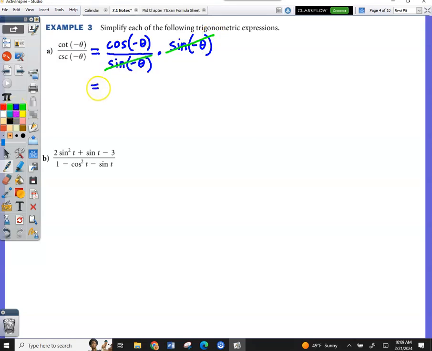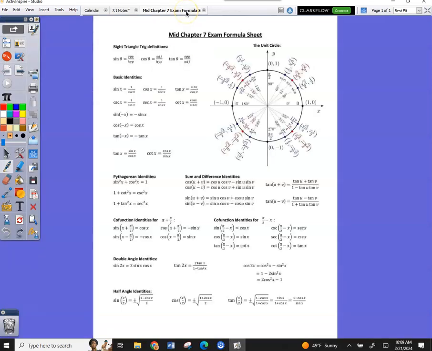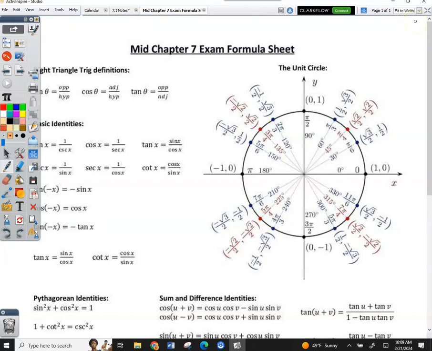So I'm left with cosine of negative theta. And then go to your formula sheet. Your formula sheet says, let me zoom in. Should be up here at the top, right? There it is.